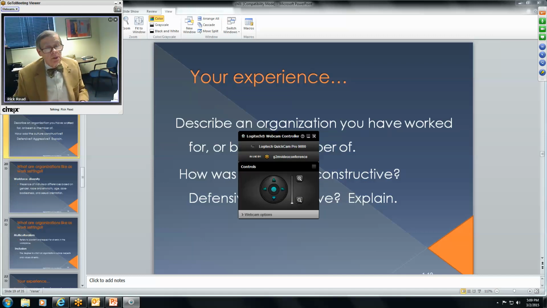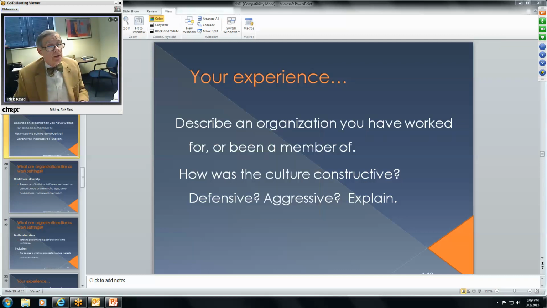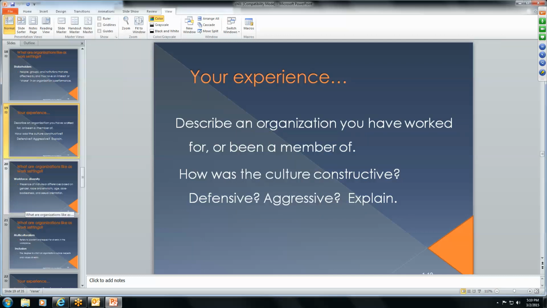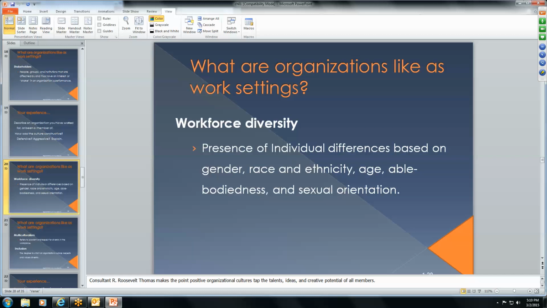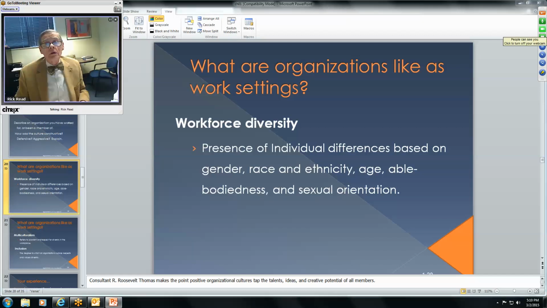Workforce diversity. We are going to spend more time on workforce diversity in the next chapter, toward the end of the chapter, actually. And this is just having a myriad, my term here, of different genders. Well, we can only have two genders, and a myriad of people from different backgrounds, etc. So that's what diversity means.